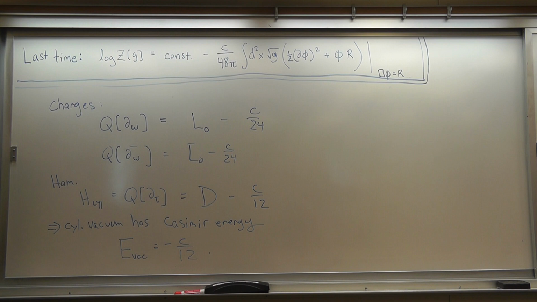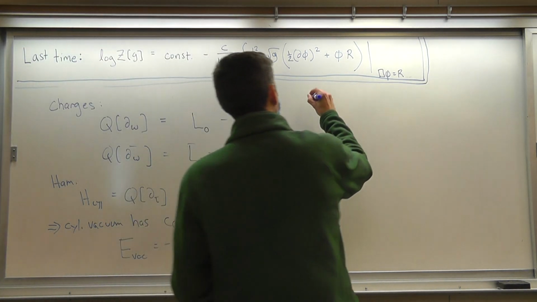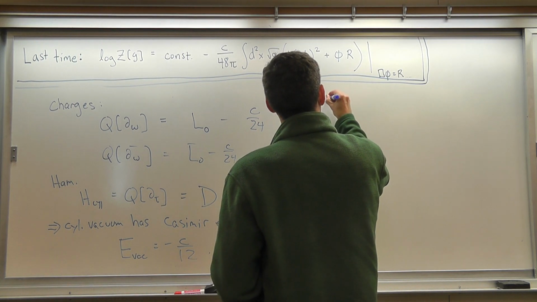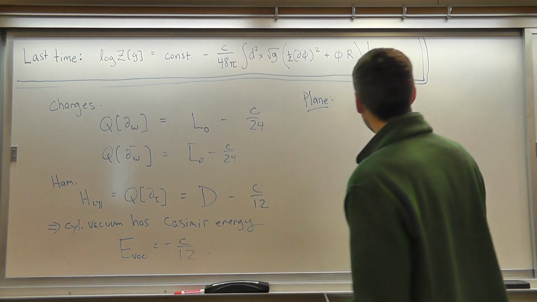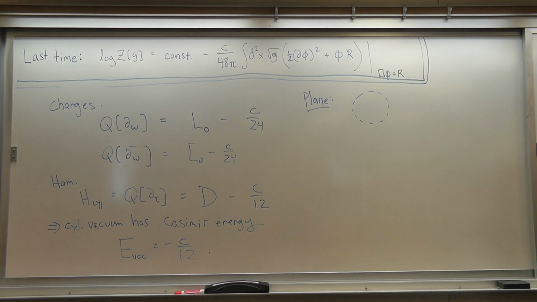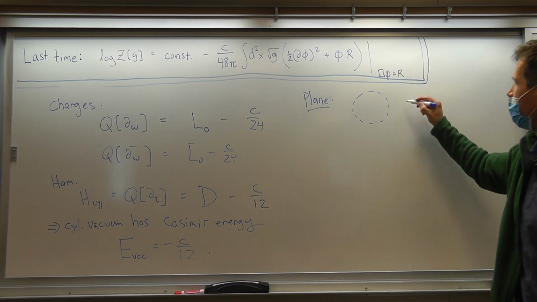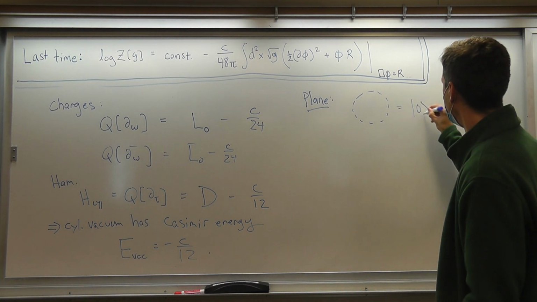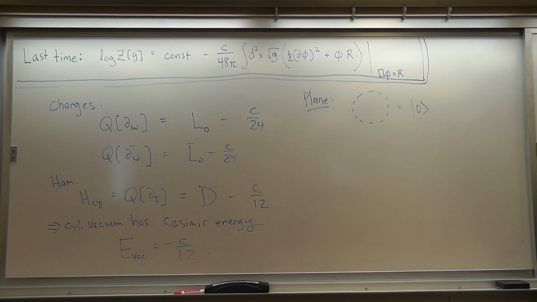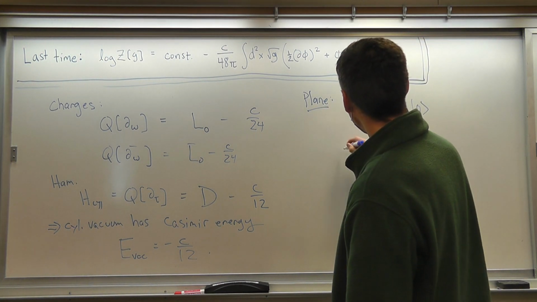Let me draw a picture to explain what this means in radial quantization. So on the plane, we can do the path integral on the unit disk, and that defines for you the vacuum state in radial quantization. So this is on the z-plane.